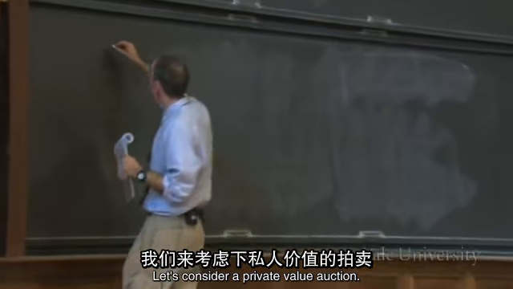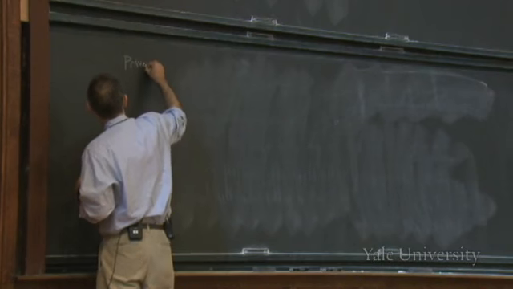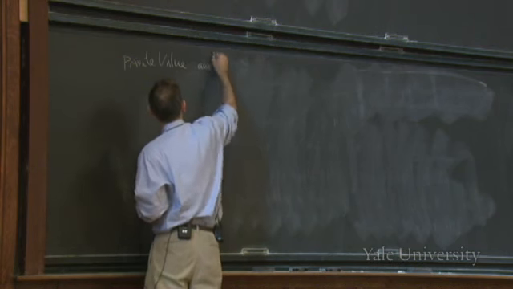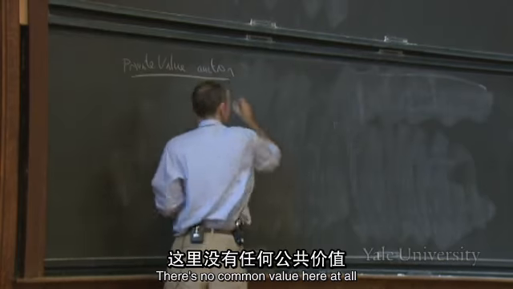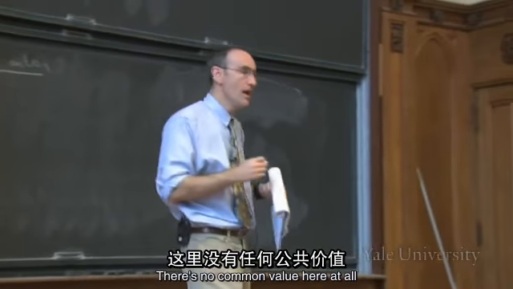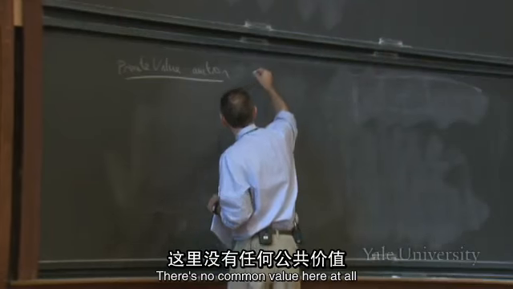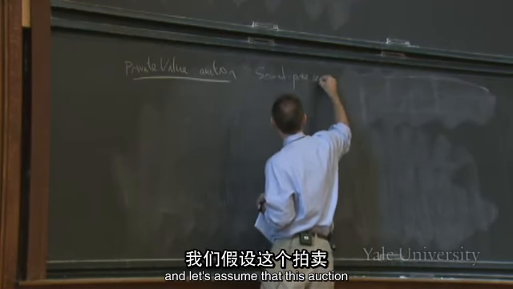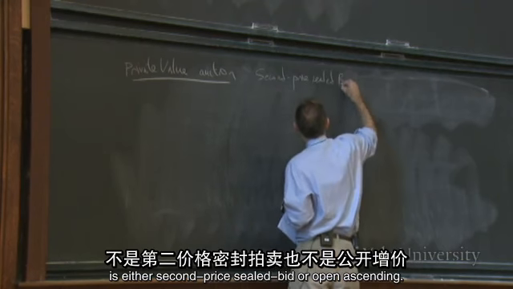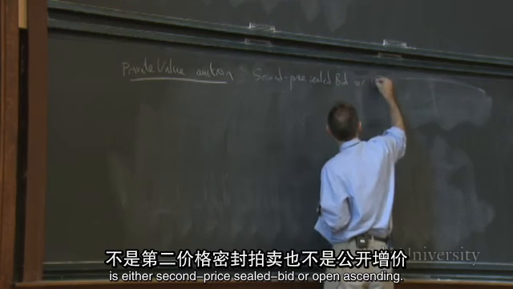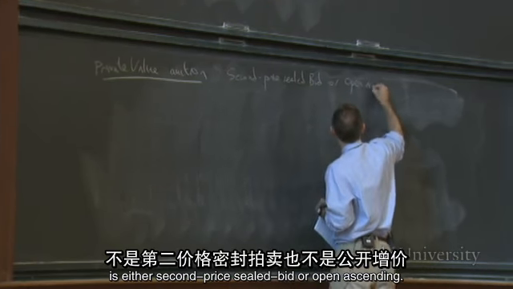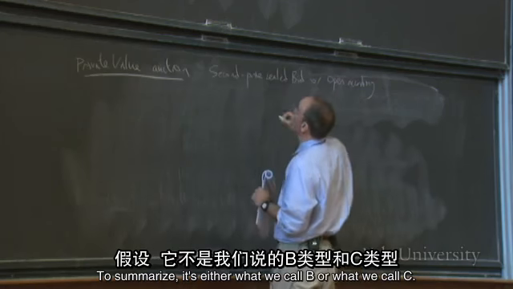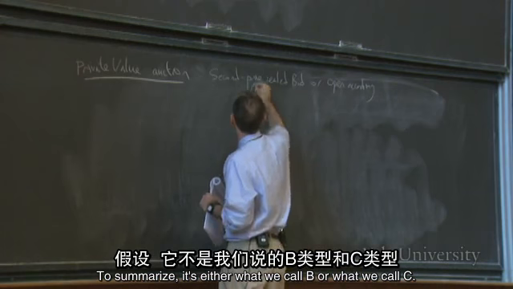Let's consider a private value auction. There's no common value here at all, and let's assume that this auction is either second price, sealed bid, or open ascending. To summarize, it's either what we call B or what we call C.